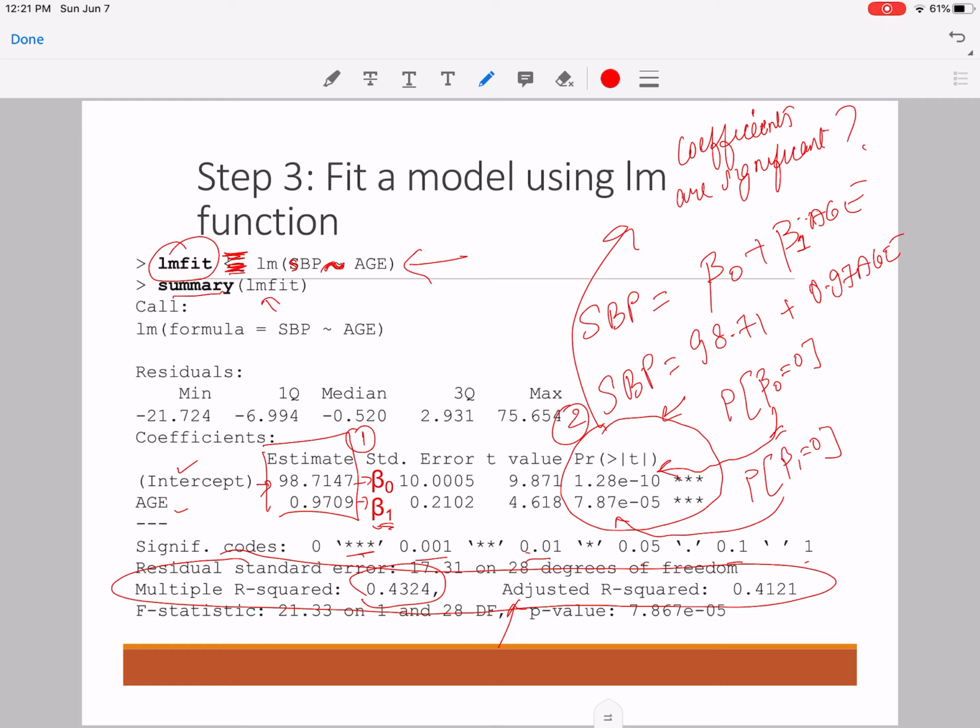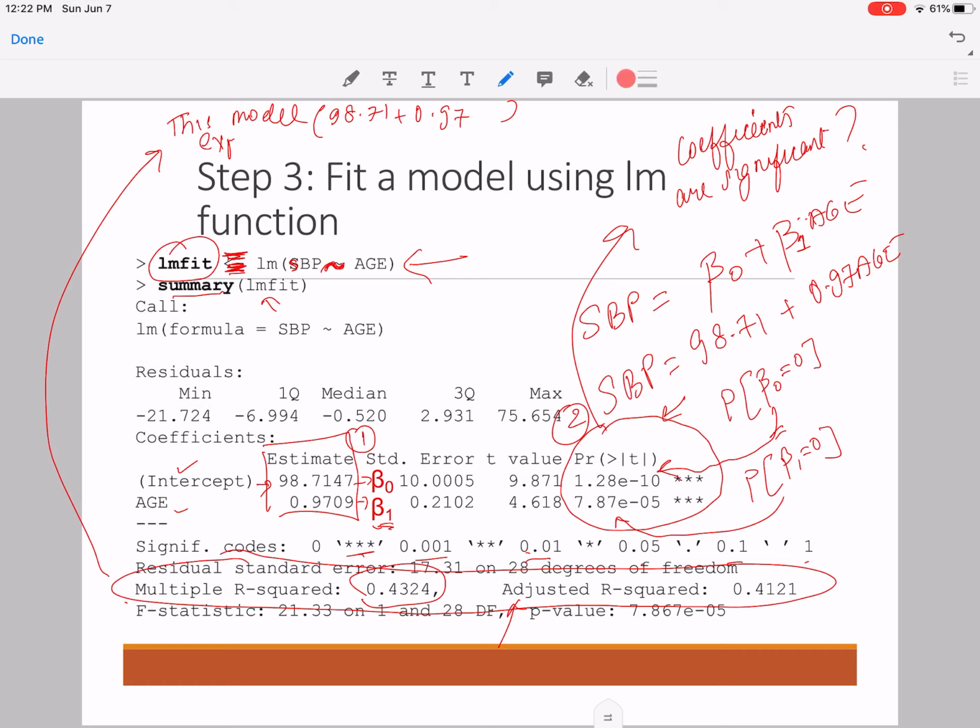So in this case, the multiple R squared is 0.4324. So here I can say that this model, which is 98.71 plus 0.97 times age, explains, not systolic blood pressure, sorry, age explains systolic blood pressure's 43% variation.